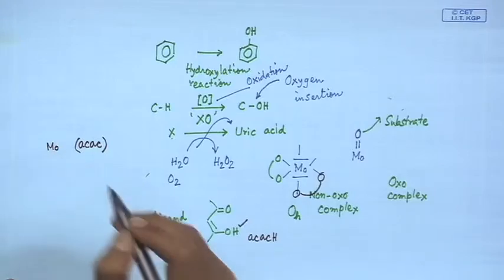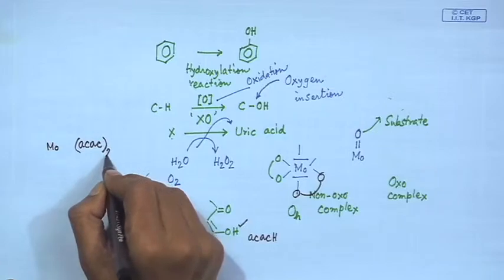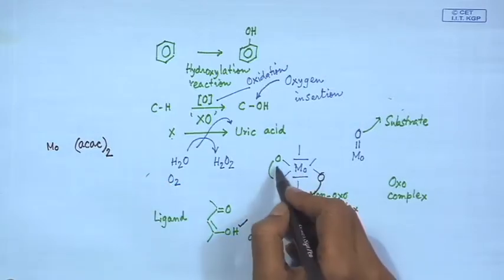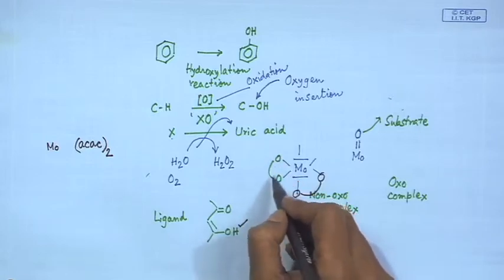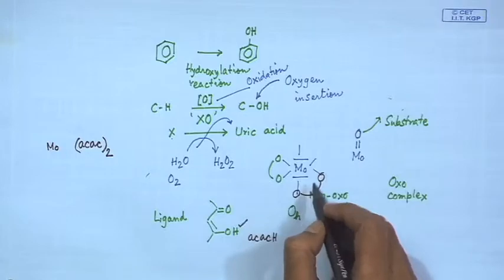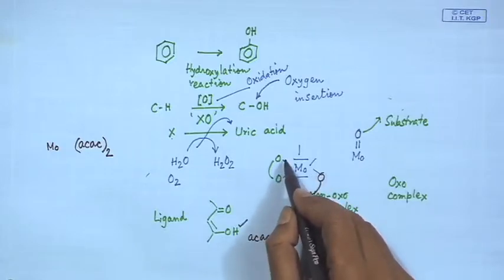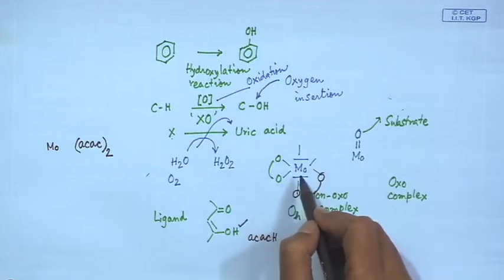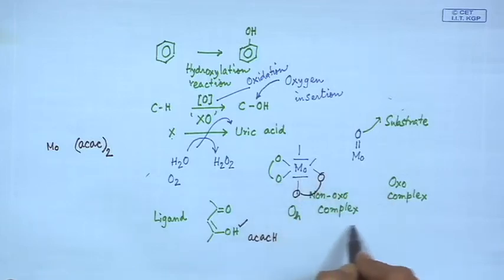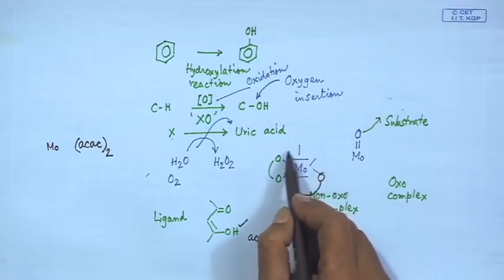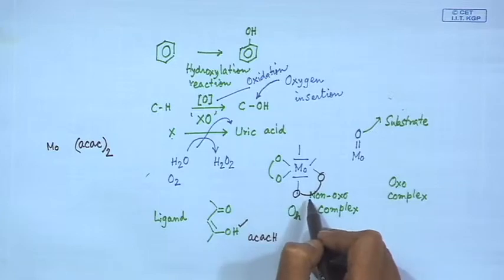So, you have the molybdenum center with two acetyl acetone molecules, and since they are bidentate ligands, this is one bidentate ligand and that is another bidentate ligand. So, 1, 2, 3, 4, four positions around the molybdenum center are occupied, but we are considering here that it can form an octahedral complex, that means all 6 positions are occupied.